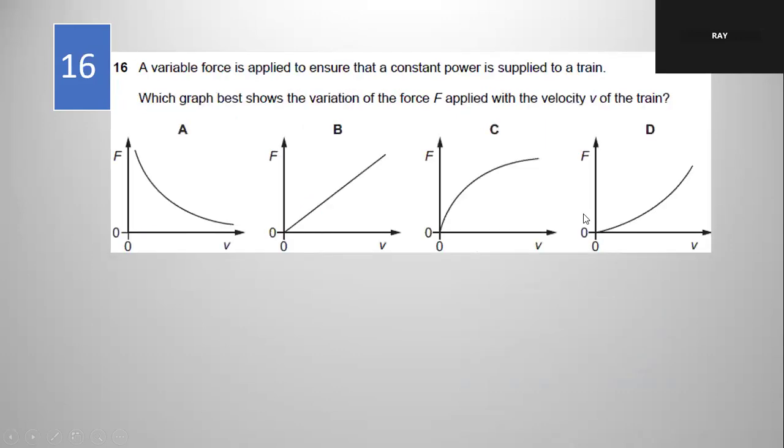A variable force is applied to ensure that a constant power is supplied to a train. Which graph best follows the variation of force applied with the velocity v of the train?